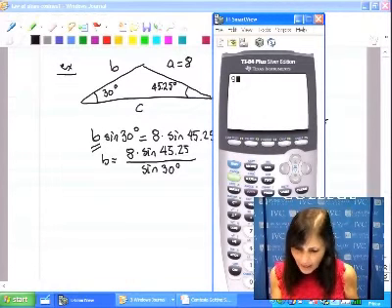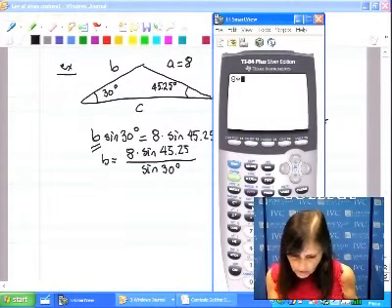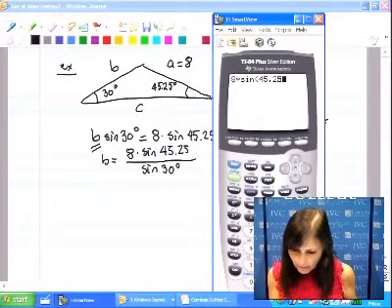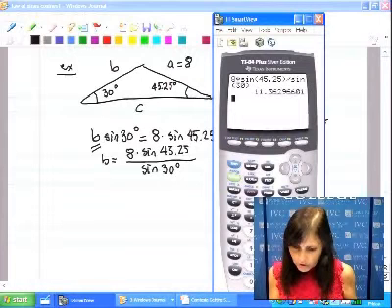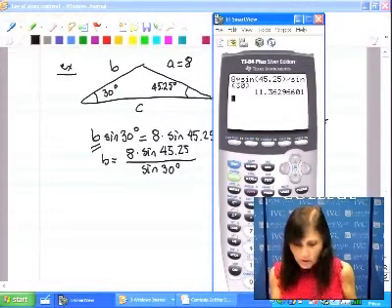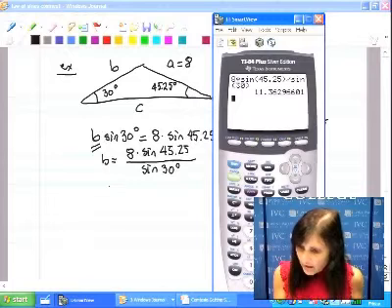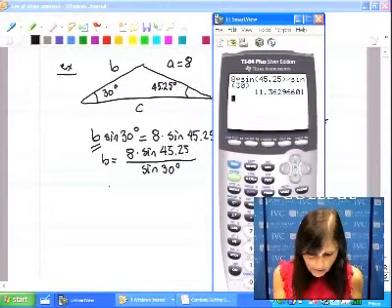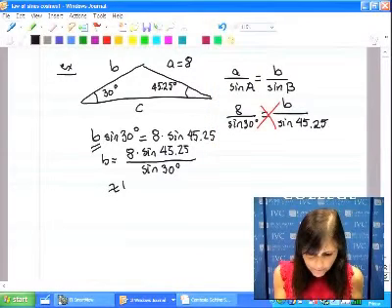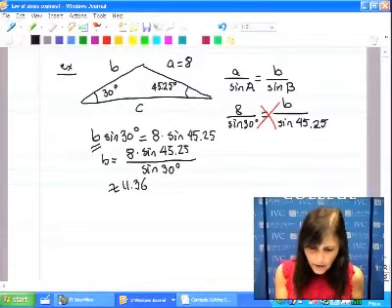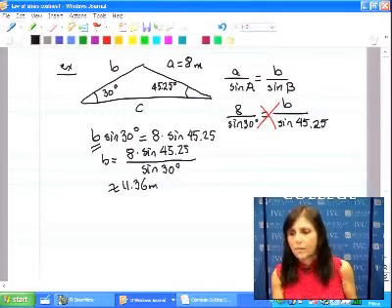So it's going to be 8 times sine of 45.25 divided by sine of 30. And push enter. That gives you the answer. b is 11.36. If a is given, for example, in meters, your answer is going to be in meters.